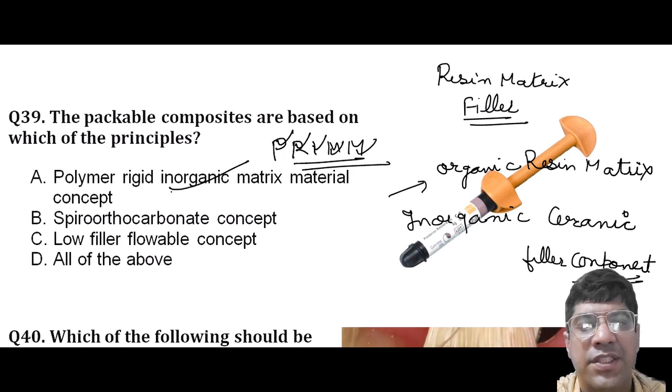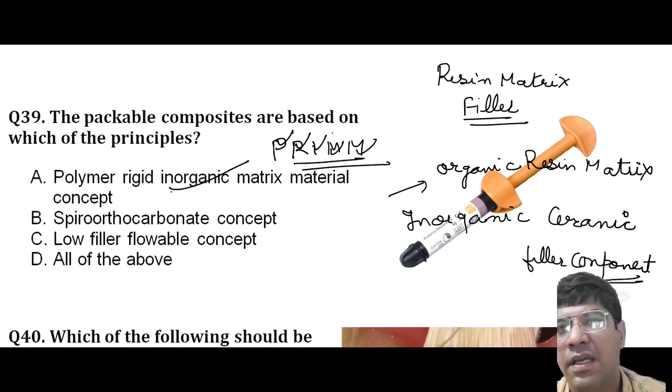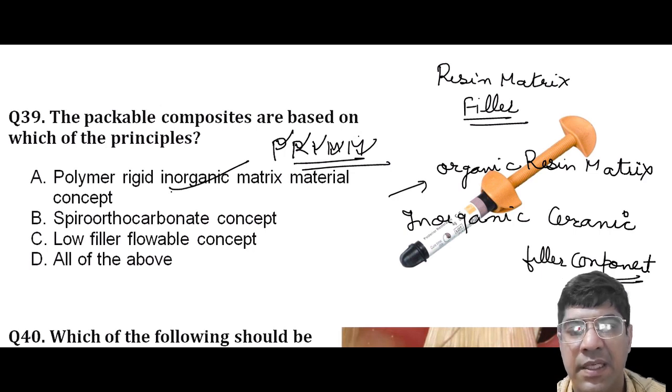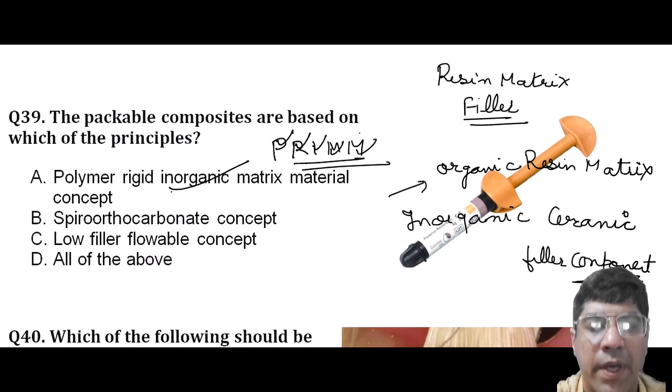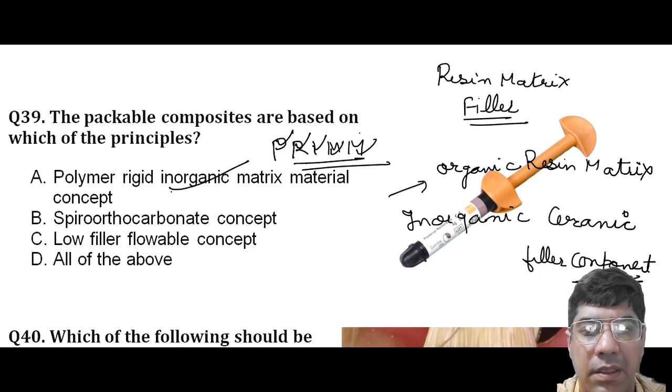The irregular shaped glass particles create spaces within the filler particles. When the resin interacts with the irregular glass particles, it leads to bonding.